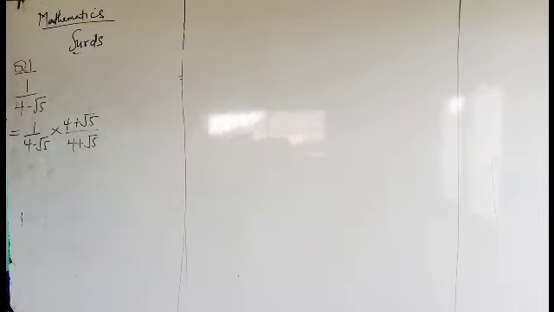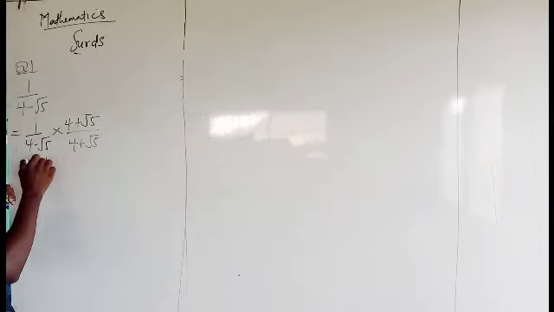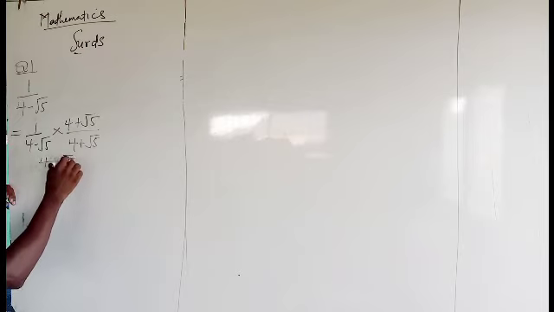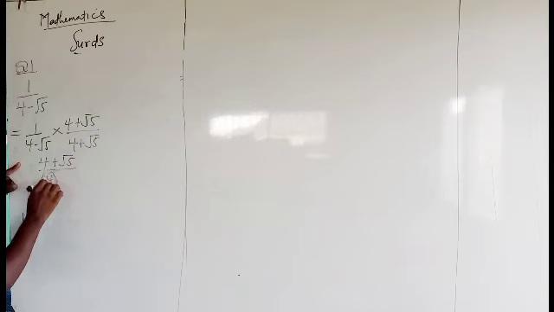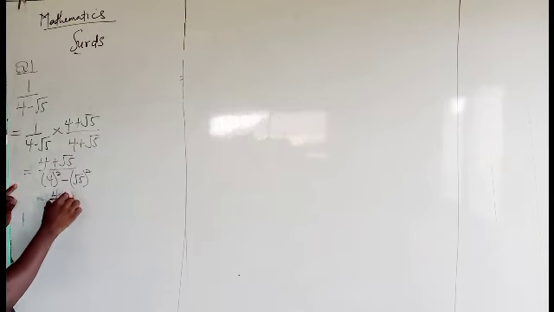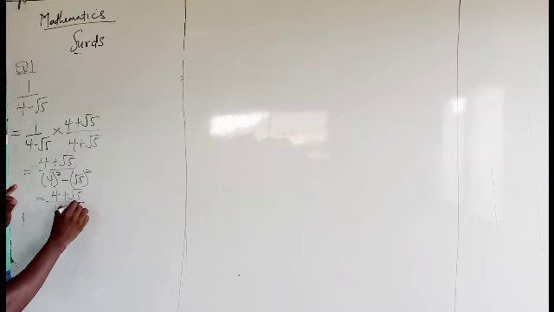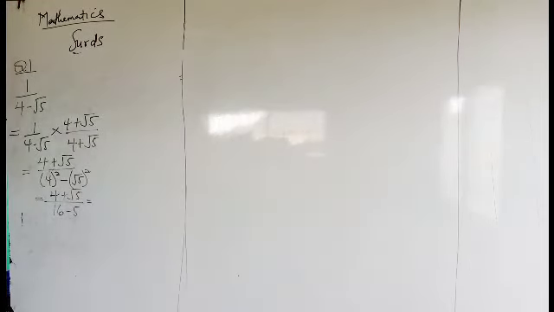Are you getting the whole show? Yeah, so 1 times this gives us 4 plus root 5 all over 4 squared minus root 5 squared. Our final answer will be 4 plus root 5 all over 4 squared, 16 minus 5. So now let's write our answer.